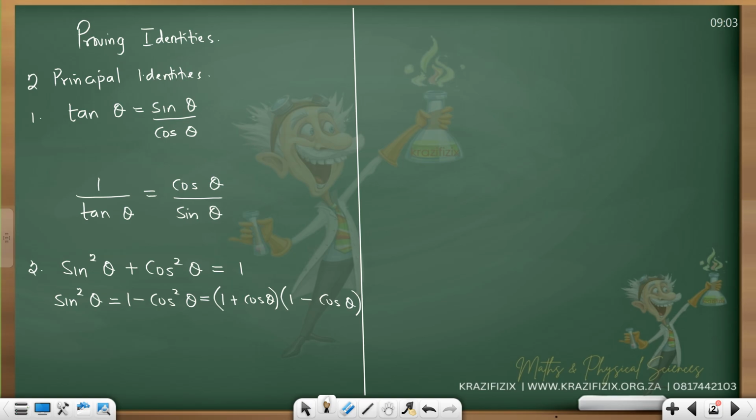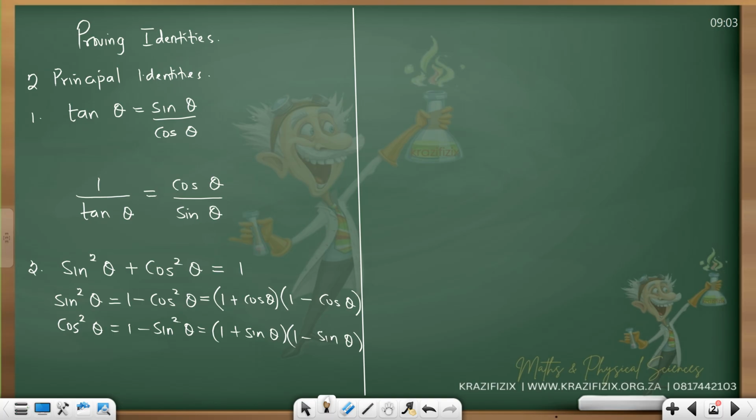Difference of two squares. The same way from the original one, cos squared theta is 1 minus sine squared theta, also having two brackets as 1 plus sine theta, 1 minus sine theta. Now, these are principal identities that we are going to use.